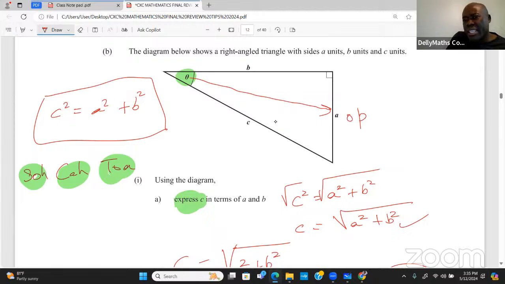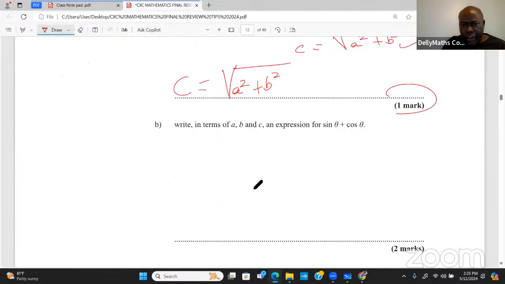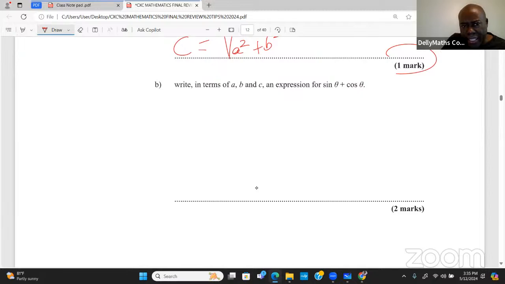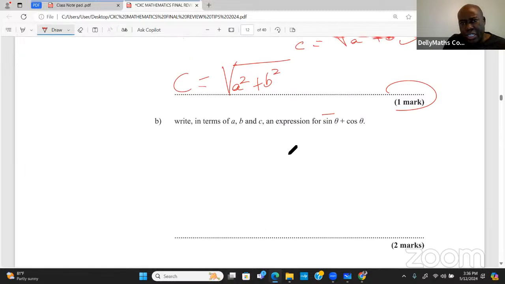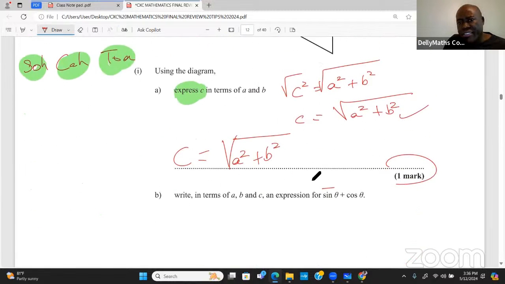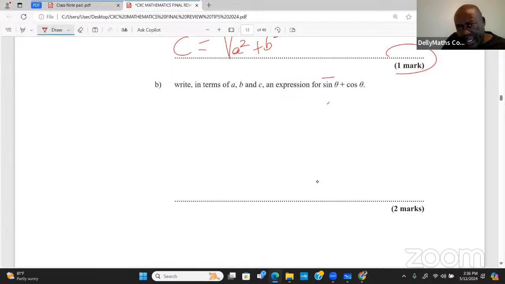So this is the opposite for sine right now, and this is the hypotenuse right there. So sine theta is going to give me, take a look, A over C. Sine theta is A over C, right?